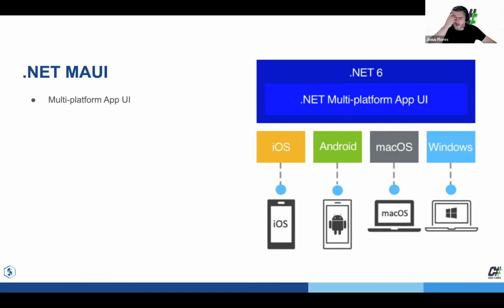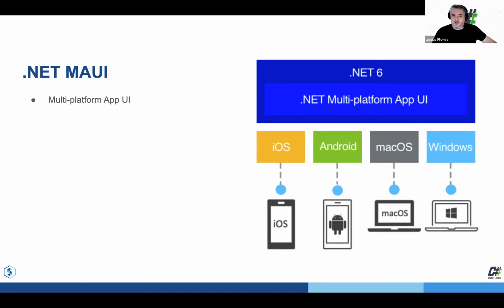For Android, it's compiled just in time. For macOS, it's using a wrapper of Mac Catalyst that enables you to take what was created for iOS and execute it on a Mac computer.